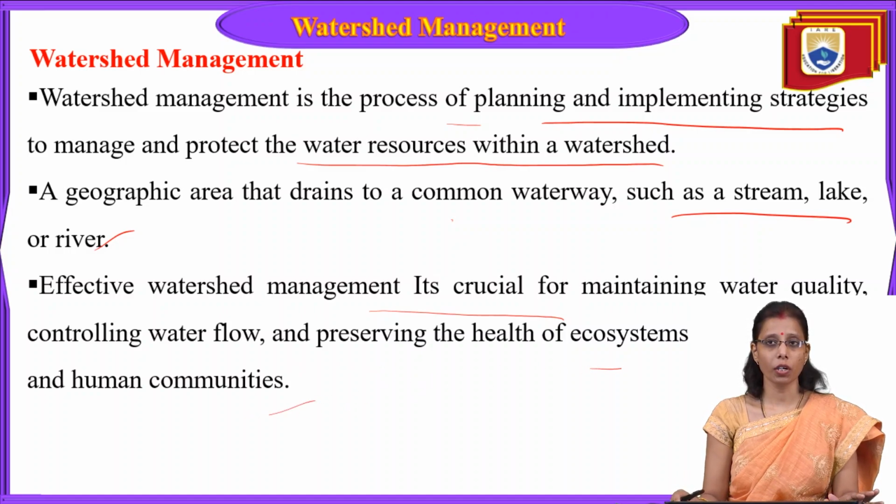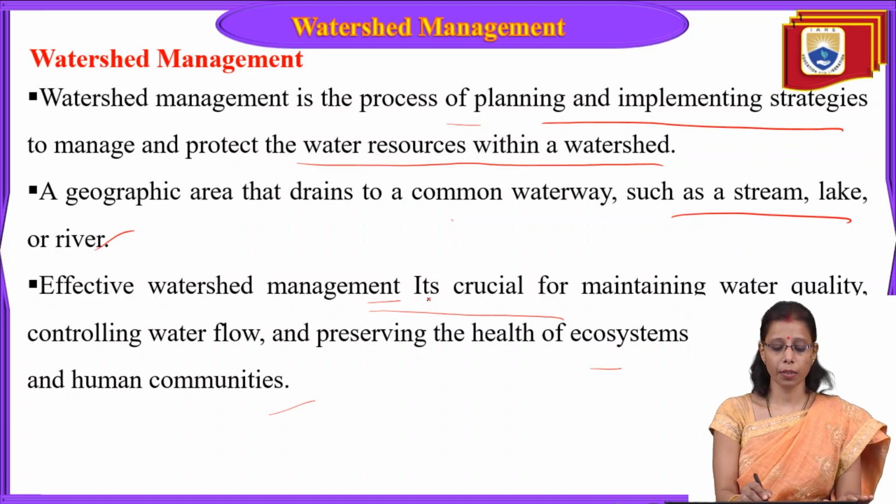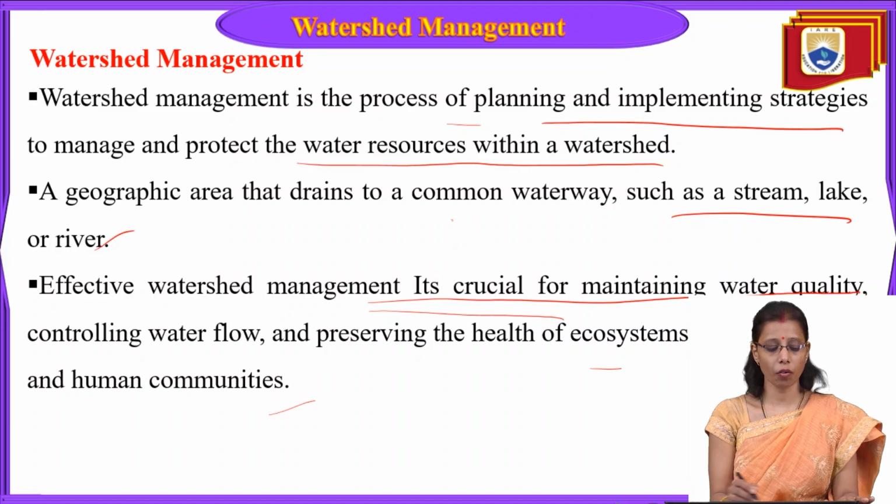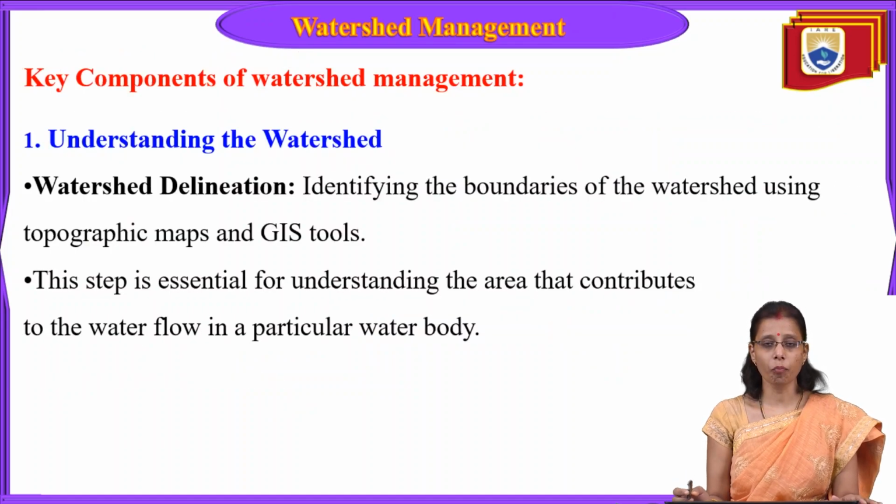This is how the water is controlled through the watershed, and in such regions the areas where water is collected help the watershed management. It helps in water quality, controlling water flow, and preserving the health of ecosystems and human communities.